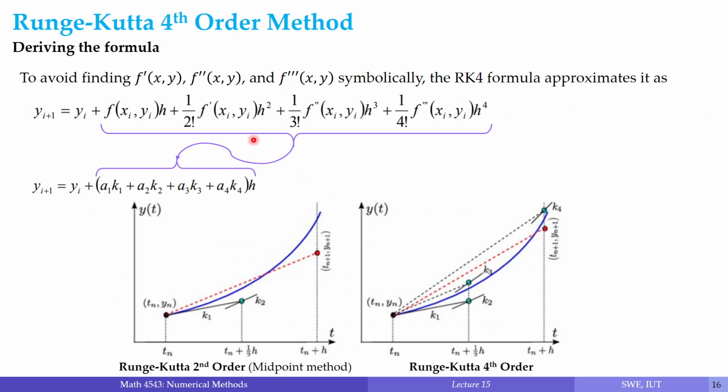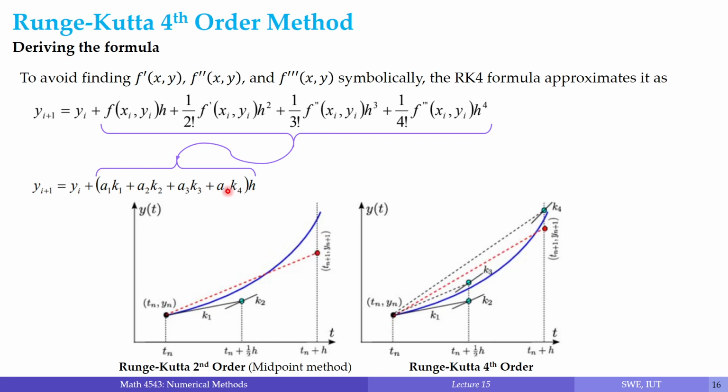So how do we derive the actual approximation formula? We have said that we don't want to calculate these higher order derivatives symbolically because it incurs a lot of computational overhead on our part. We'll try to approximate it as something like this.